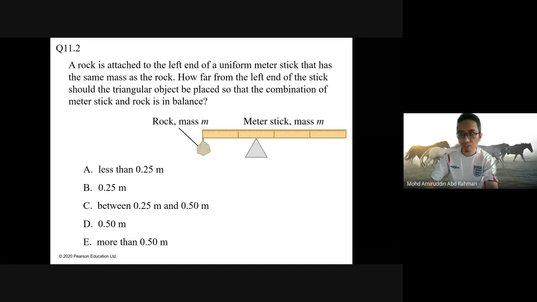We solved this last Thursday. Anyone? If you don't remember, you can open back the notes that I shared last week on chapter 11.